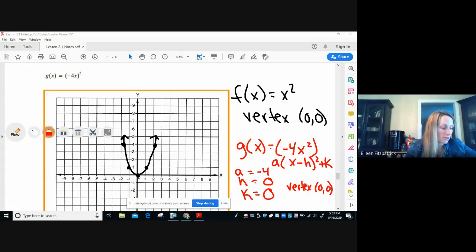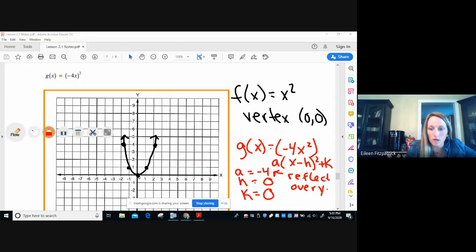All right, but the a value, and careful, this is different than the last one. Because it's inside the parentheses with the x, it's going to reflect over the y-axis.